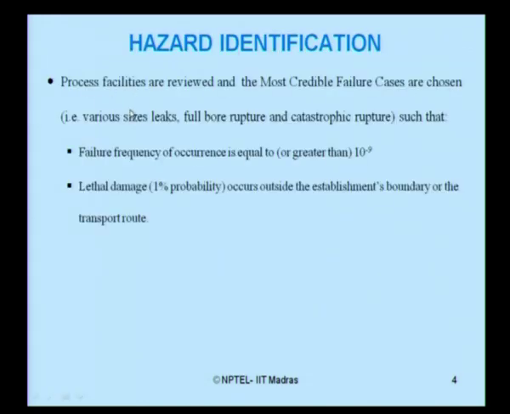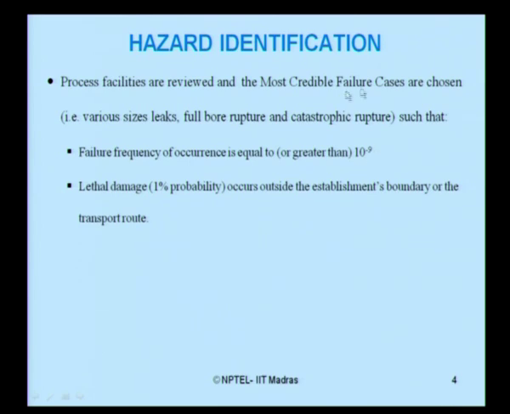The process facilities given in the problem are thoroughly reviewed. While you review, you try to find the most credible failure cases. These cases are chosen, for example, by looking at the various sizes of leaks, comparing them with the full bore rupture, and looking for any catastrophic rupture possible, such that the failure frequency of occurrence is equal to or greater than 10 power minus 9.